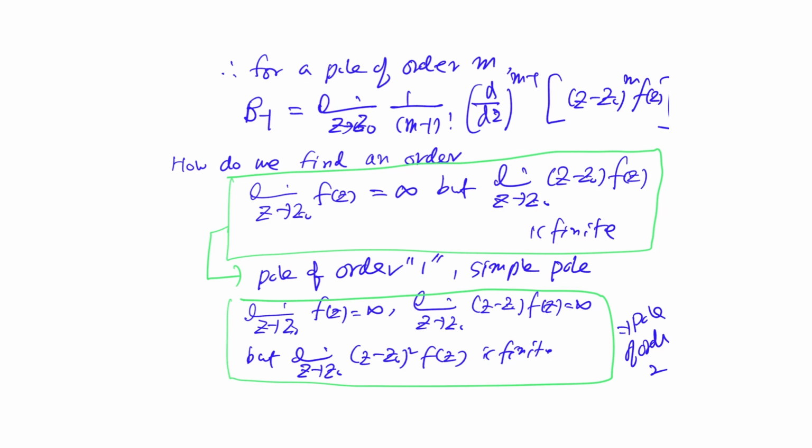Or maybe 3, 4, etc., right? And sometimes this coefficient is called the residue at z naught. It's called the residue.